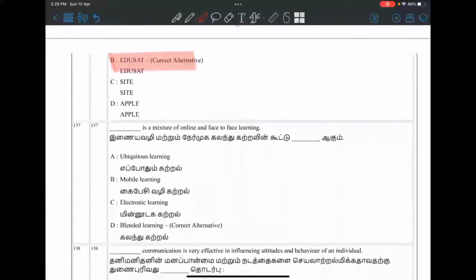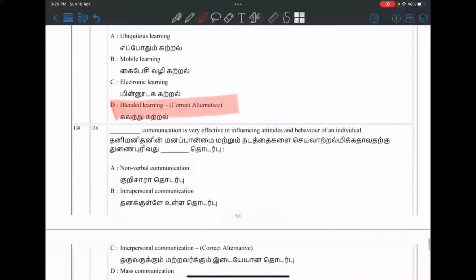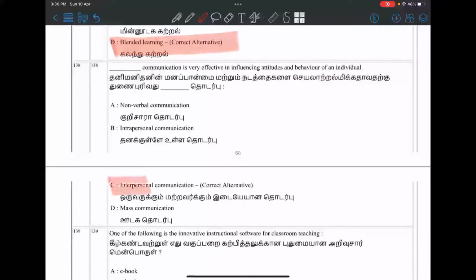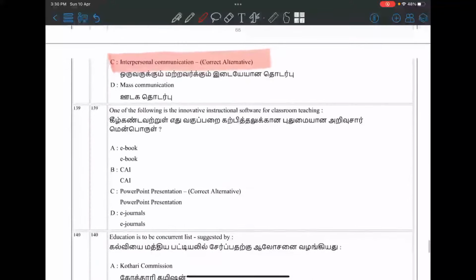Blended learning is a mixture of online and face-to-face learning. Interpersonal communication is very effective in influencing the attitudes and behavior of an individual. A PowerPoint presentation is innovative instructional software for classroom teaching.